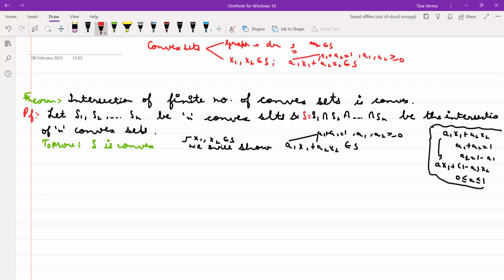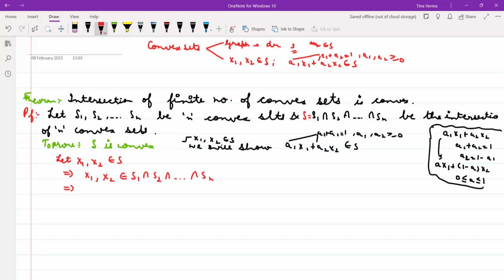So now we have to take two points from S. We take two points x1 and x2 belonging to S, which implies that x1 and x2 belong to the intersection, because S is nothing but the intersection of the Si.